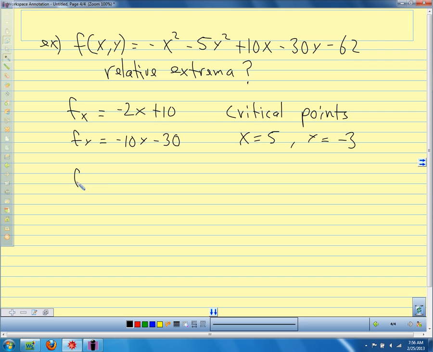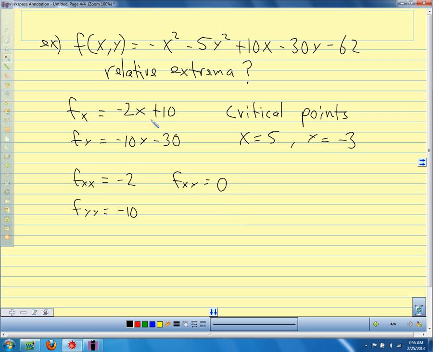Second partials for our second partials test. f sub xx is negative 2. f sub yy is negative 10, and f sub xy is 0.